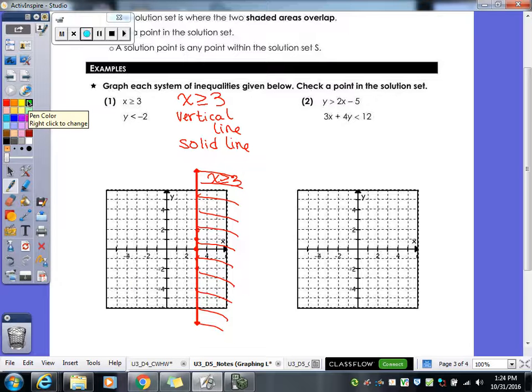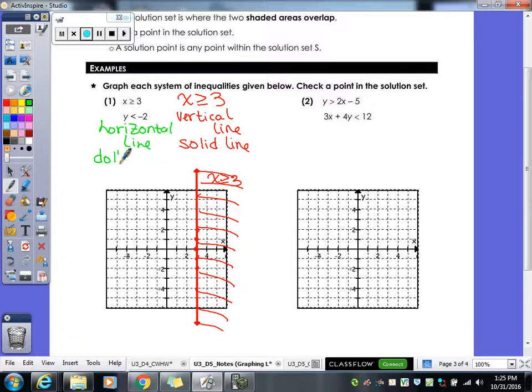So what kind of line is our other line? This one's also a special line. If x is vertical, y is horizontal. So this is a horizontal line. Again, if you prefer the table, you can go ahead and draw yourself a table. Whatever helps you graph it. Now, will we have a solid or dotted line?